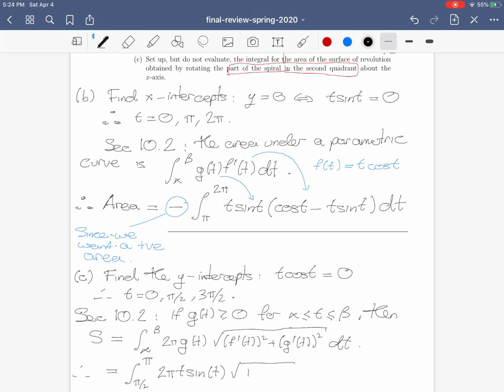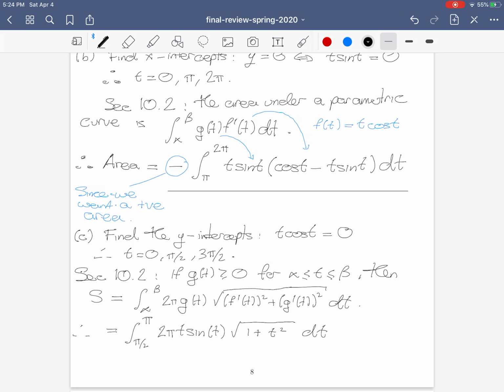But we already worked out what this was in part A. That just reduced to 1 plus t squared. So this final bit here is as we found in part A. So there we go, that's our integral.